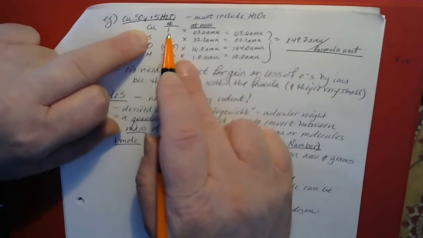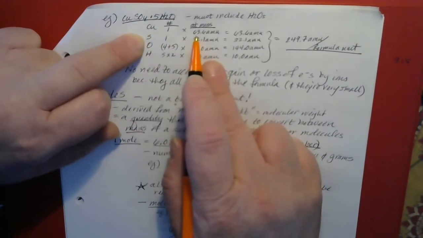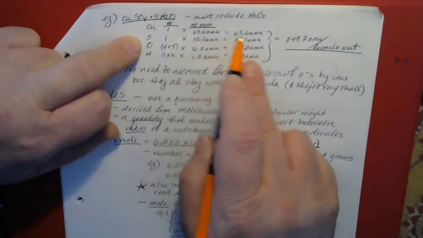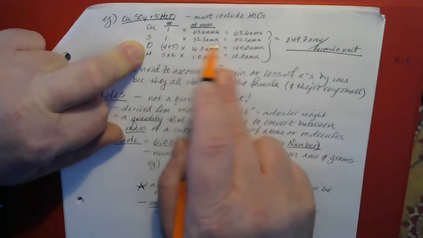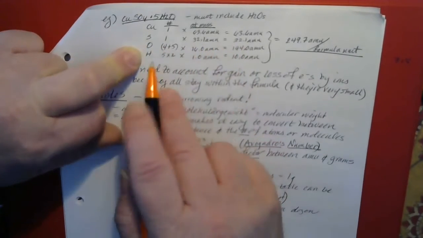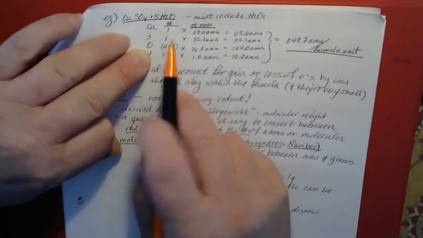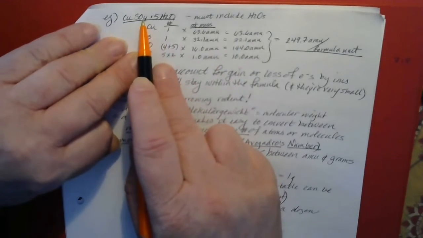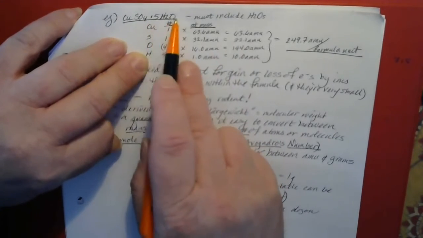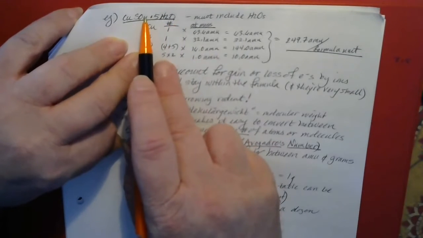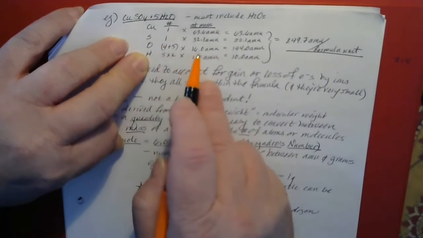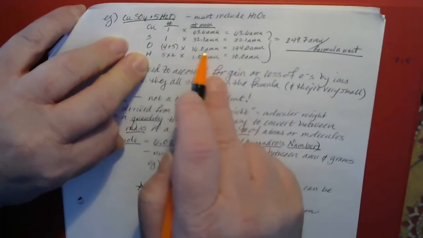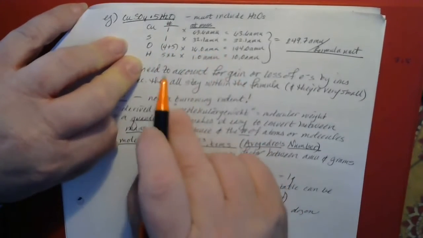So for copper, you've got 1 of them, and that's 63.6 atomic mass units each. For sulfur, you've got 1 of them, and that's 32.1 atomic mass units. For oxygen, you've got 4 for the sulfate ion, but remember, you've also got 1 for each H2O, and there are 5 of those. So for oxygen, it's actually 4 plus 5, or 9, times the mass of each one, which is 16 atomic mass units.